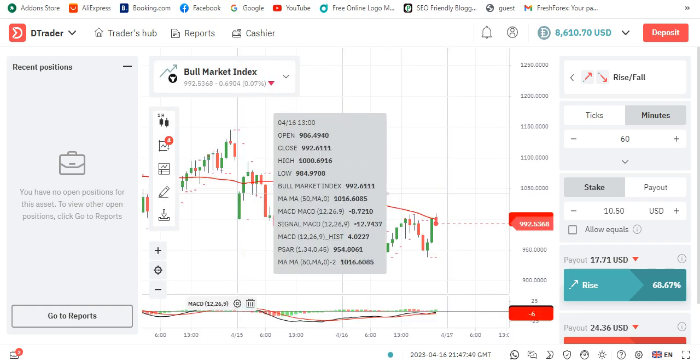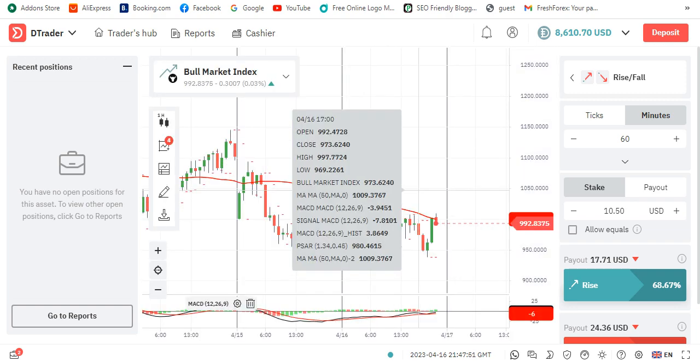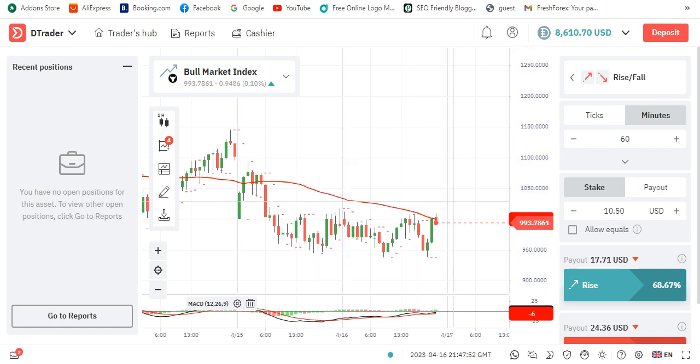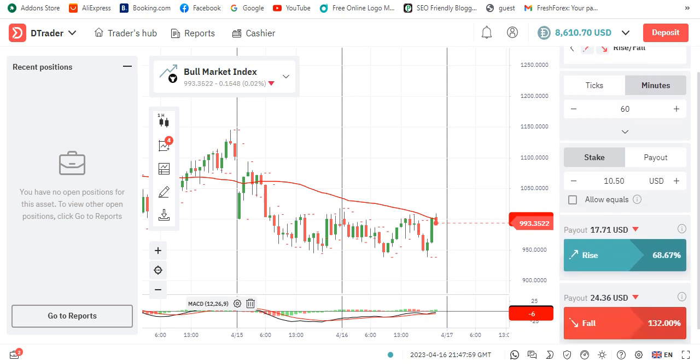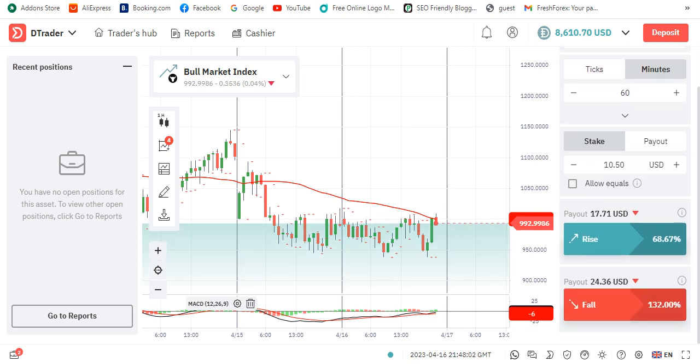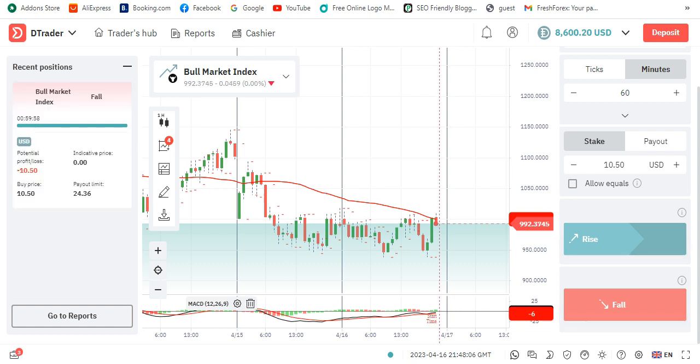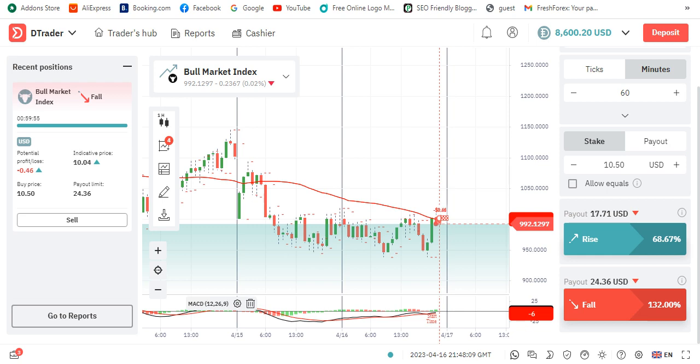And the most important thing I want to tell you is always make sure that you practice this strategy on a demo account first. By the time you start using real money, make sure you are using at least 1% or 2% of your capital.